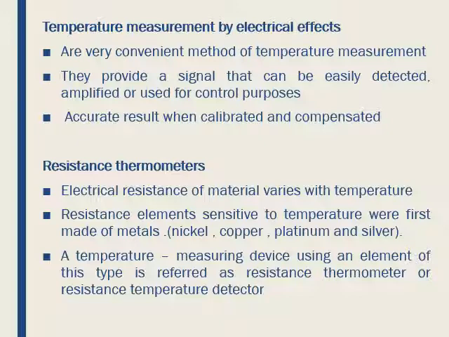So mercury, which is a metal, makes an ideal liquid for liquid in glass thermometers. Besides that, there are other types of liquid in glass thermometers in which toluene or pentane can be used.